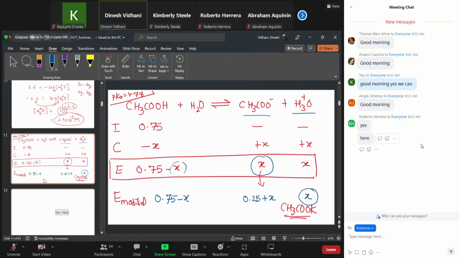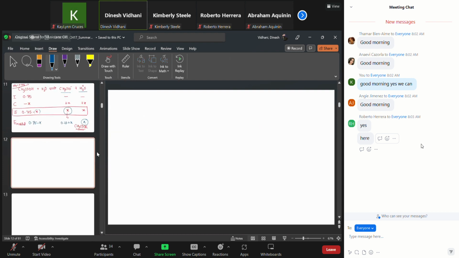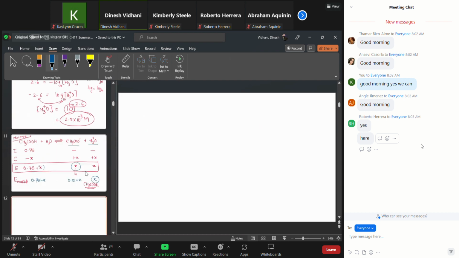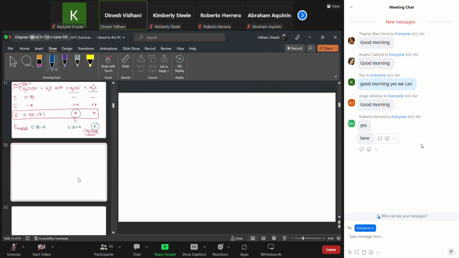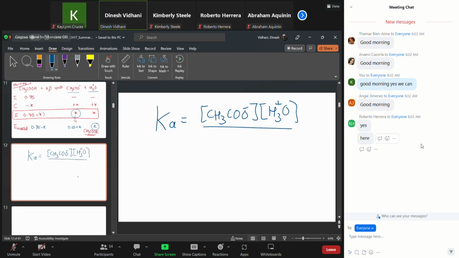Well, I got a new equation. Now I'm going to use Ka on this equation. I'm going to expand it a little bit so you can see. Now Ka is going to be the acetate ion concentration times the hydronium ion concentration, divided by the acetic acid concentration.